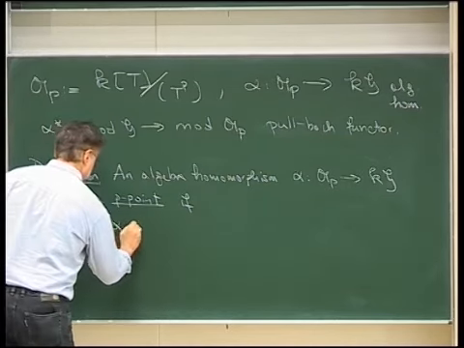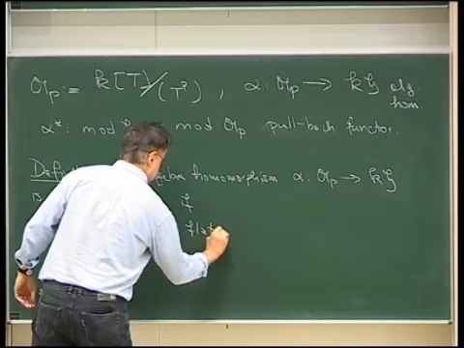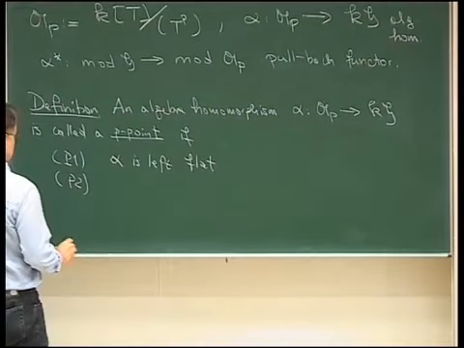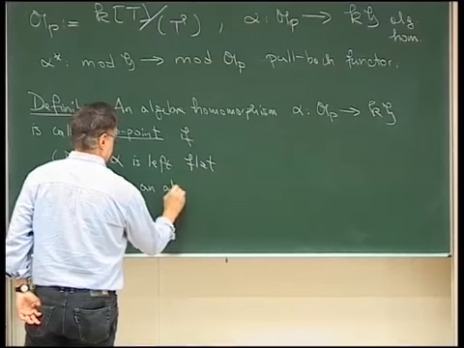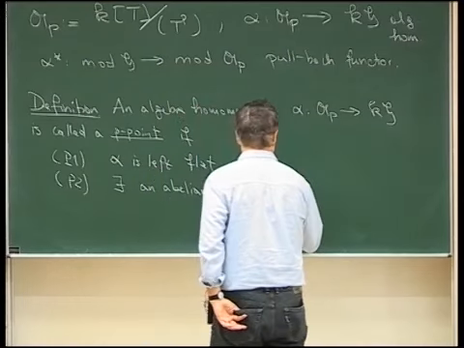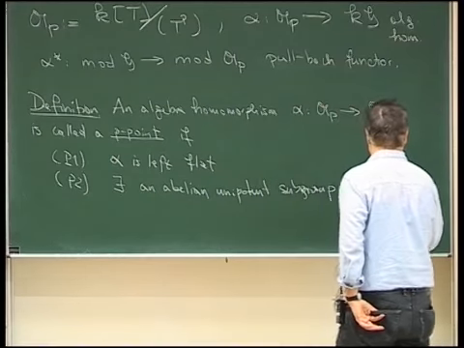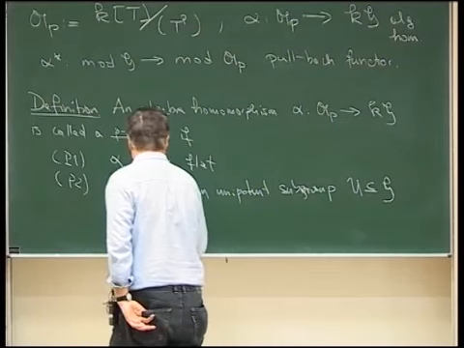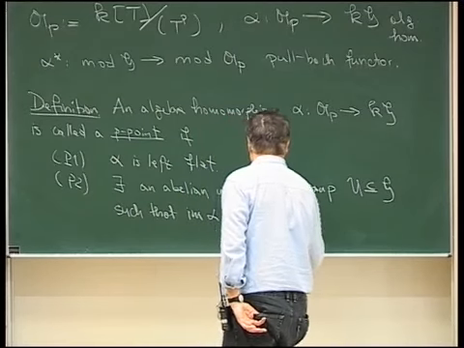So first of all, alpha is left flat, and second, there exists an abelian unipotent subgroup scheme U in G such that alpha factors through U, so such that the image of alpha sits inside KU.